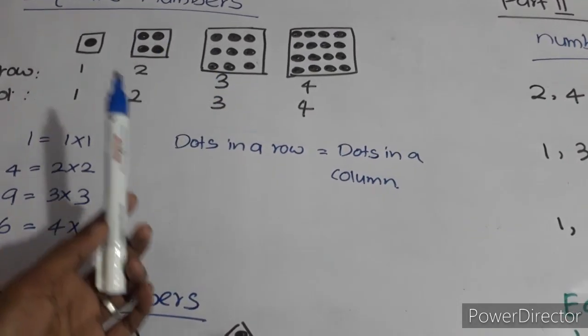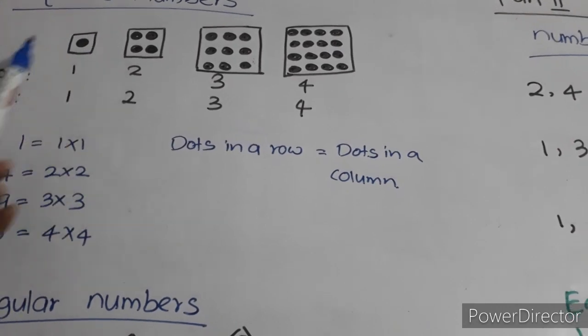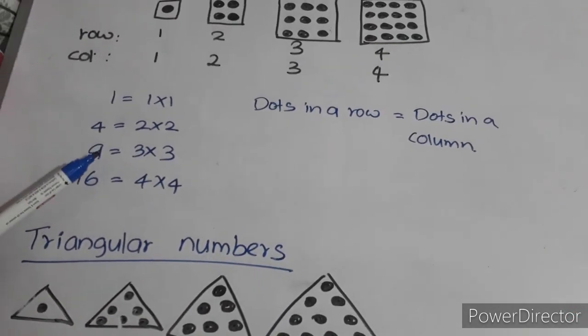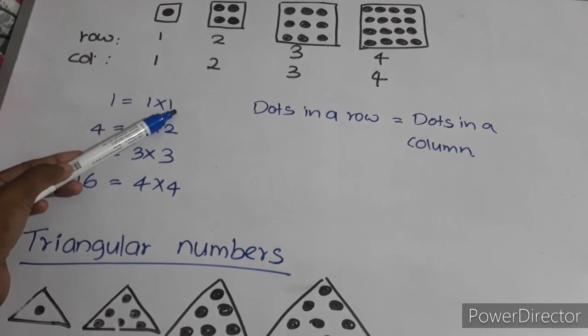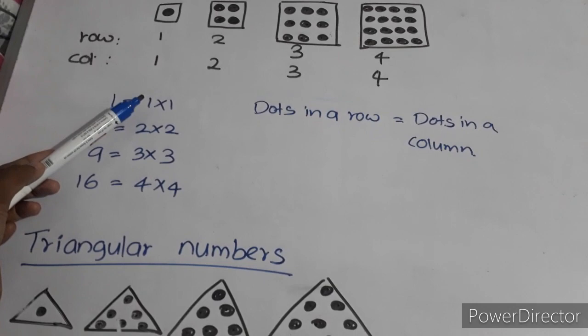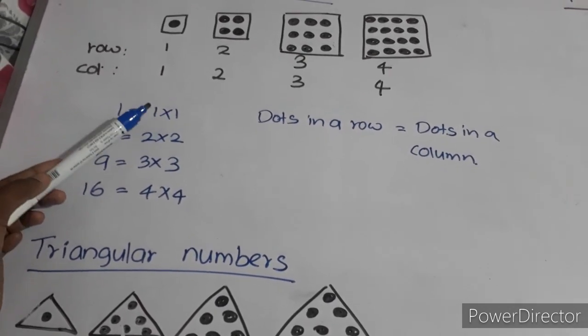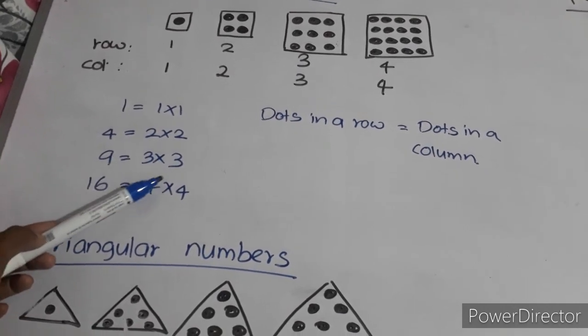To be a square number, the number can be written like this: 1 multiplied by 1. We have to multiply the number by the same number. 1 by 1, 2 by 2, 3 by 3, 4 by 4.